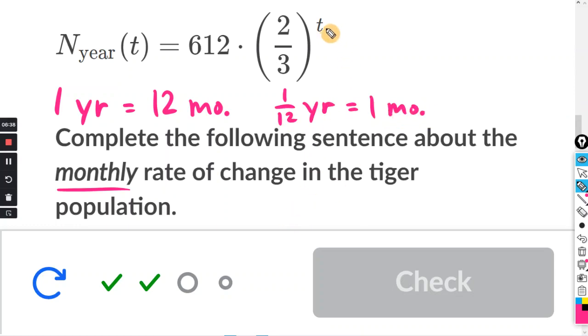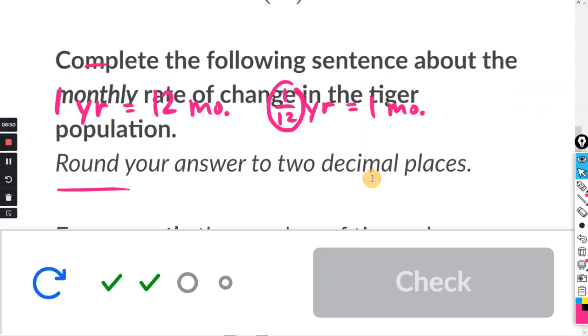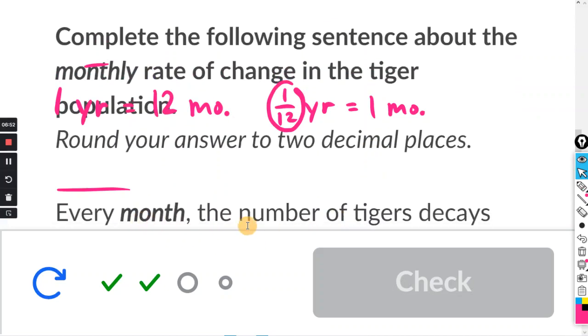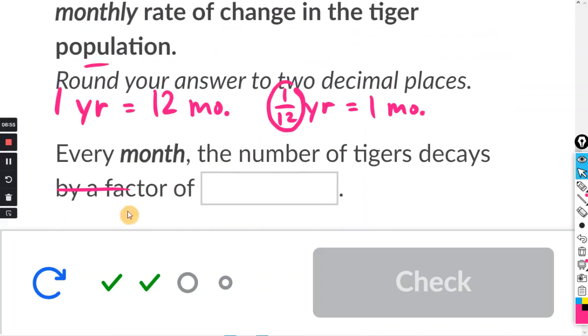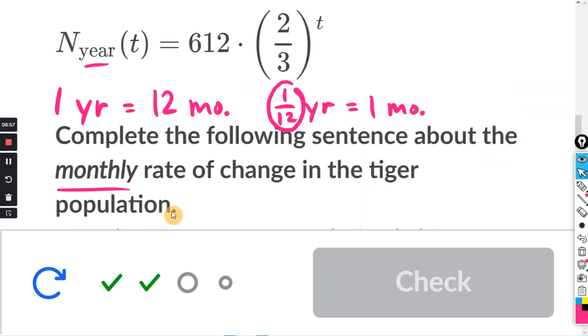So if we want to plug in 1 month here, we can't use 1 because this is in years. So we have to use 1 over 12. And they said the factor of in the sentence. So factor of, it just means what you're multiplying by each time.